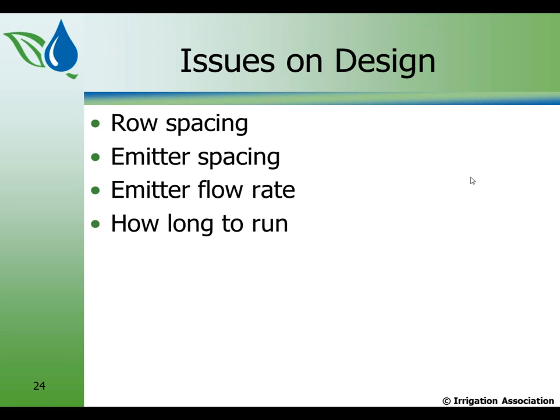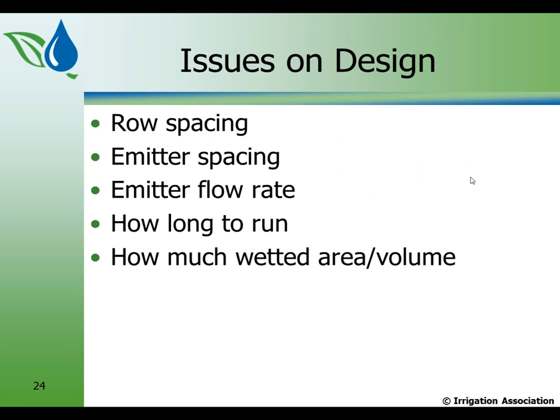Then deciding how long to run, which has to do both with how deep the water's going and how much you need for ET, and how much wetted area or volume you're going to get, based on the decision of, do we want to wet the whole surface? The row spacing and emitter flow rate go together to form the application rate. And generally speaking, we want the application rate to be less than the infiltration rate so we don't have runoff.